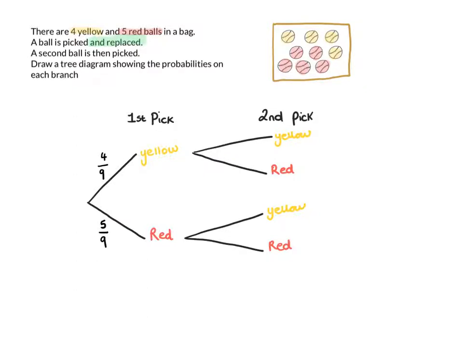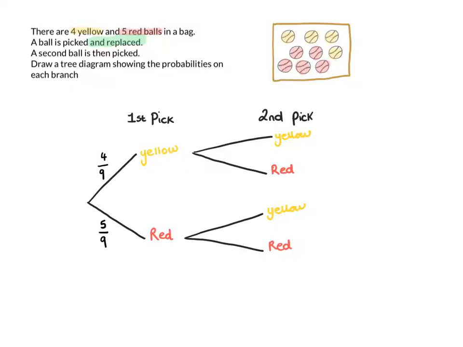Due to the balls being replaced into the bag, it means that the probability for your second pick does not change. So imagine we've picked a yellow out of the bag, we then put it back, and then we do our second pick. So now the probability of getting yellow is going to be exactly the same because we've replaced the ball.